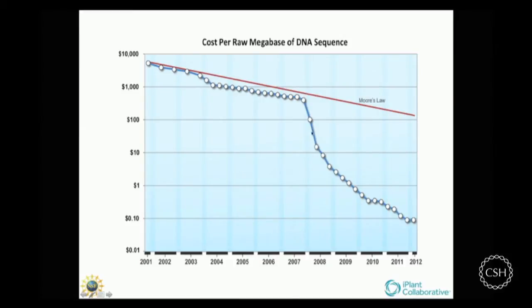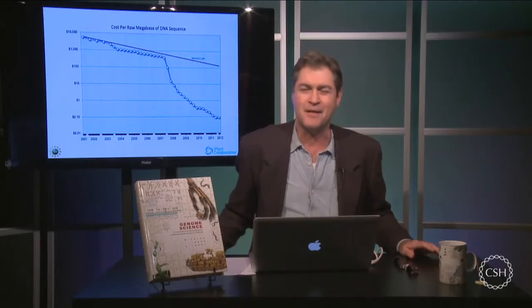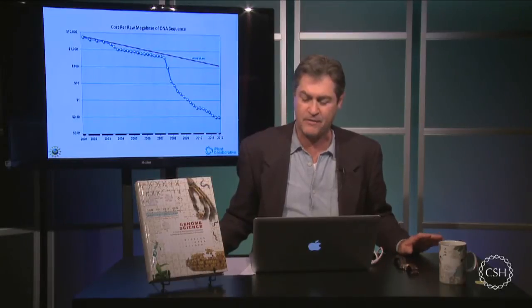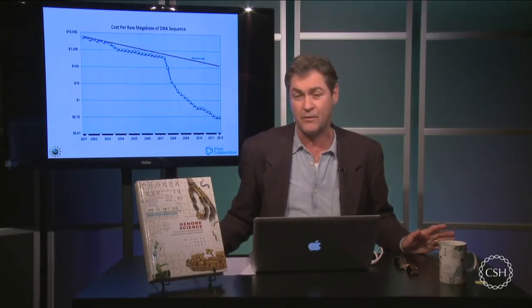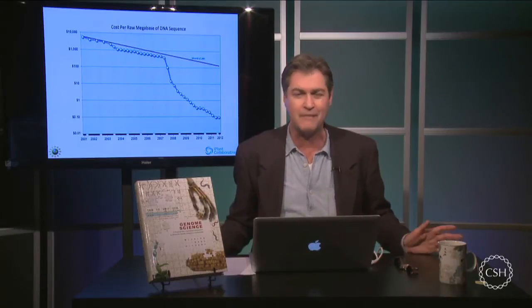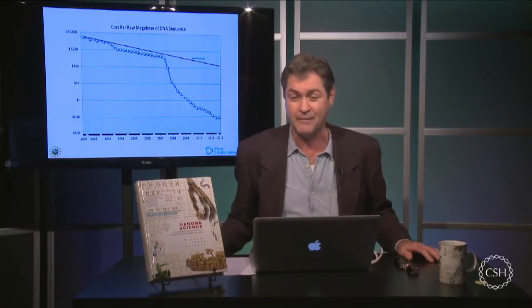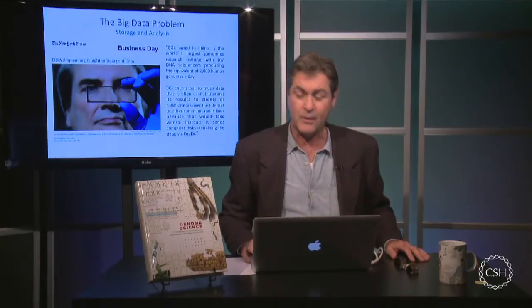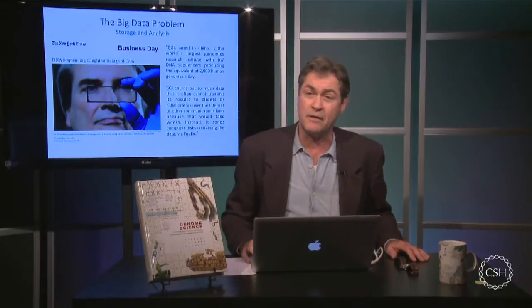And then we really dropped off here beginning in about 2007 with the advent of so-called next generation sequencing. The cost of sequencing 1 million base pairs of DNA has dropped dramatically in the last 5 years, down 10,000-fold. And just try to think of anything in your life that has dropped in price by 10,000-fold in 5 years, or even 2-fold. So we have a glut of data in biology.